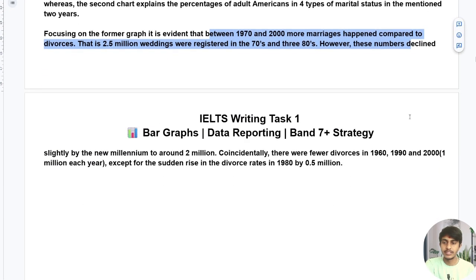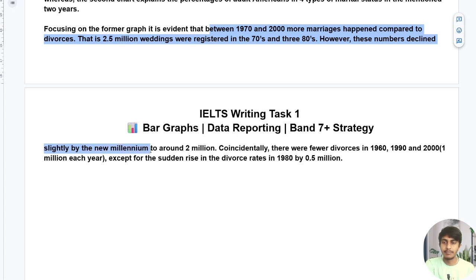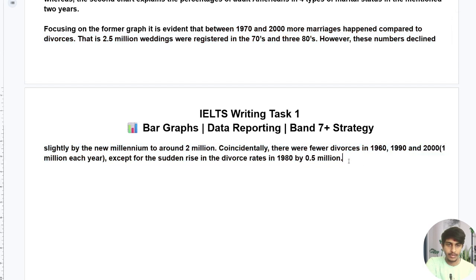However, these numbers declined slightly by the millennium to around 2 million, and coincidentally there were fewer divorces in 1970, 1990 and 2000, 1 million each year, except for the sudden rise in the divorce rate in 1980 by 0.5 million. So now let's go to the last paragraph.